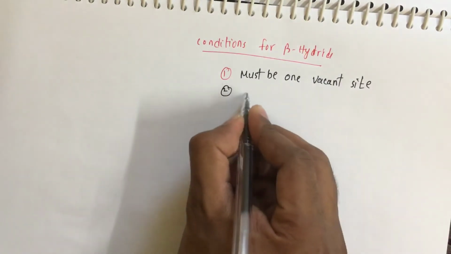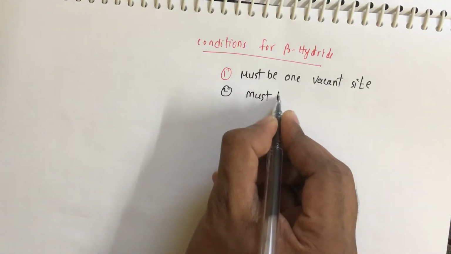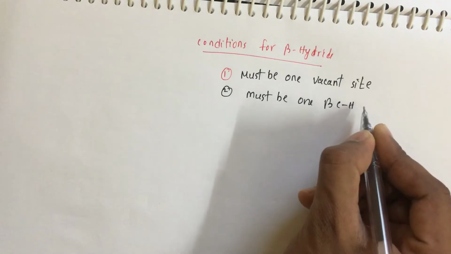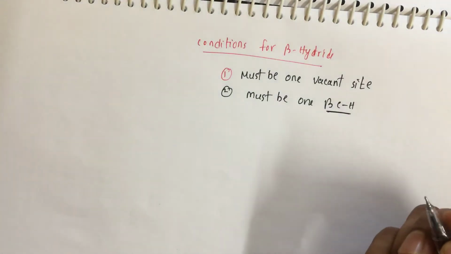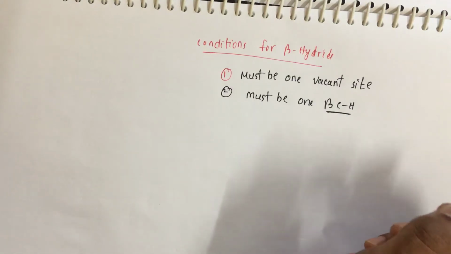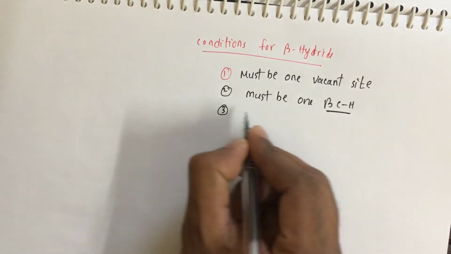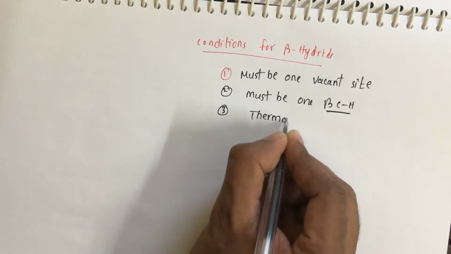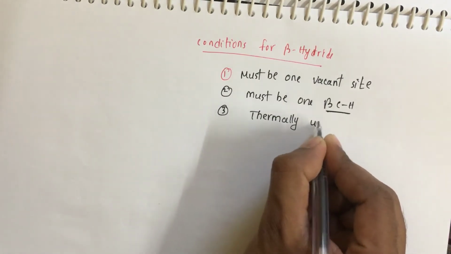The second one is there must be one beta CH, which means one beta hydrogen should be there. And all complexes which show beta-hydride elimination are thermally unstable. So this we need to remember.